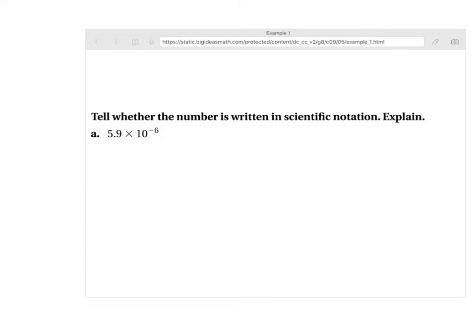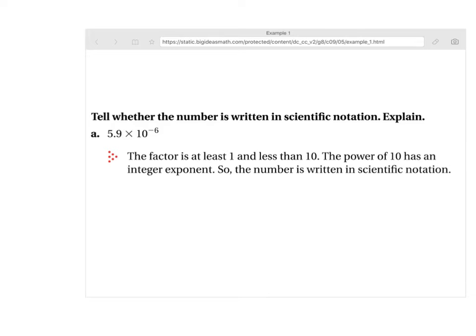Yes, it's greater than 1, and it is less than 10. And then look at the exponent. Is that an integer? It is. So A would be, it is written in scientific notation. The factor is at least 1 and less than 10, and the power is an integer, so the number is written in scientific notation.